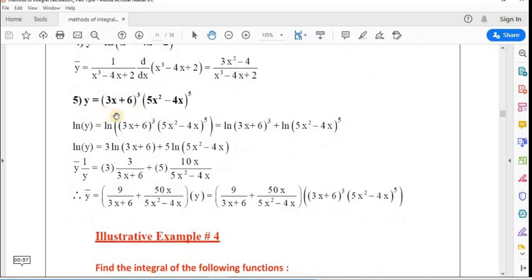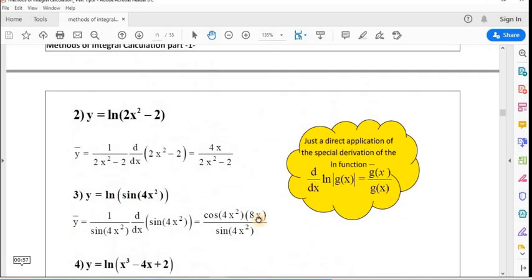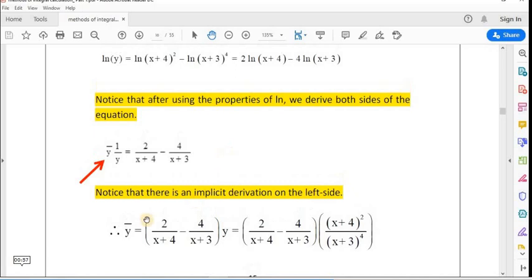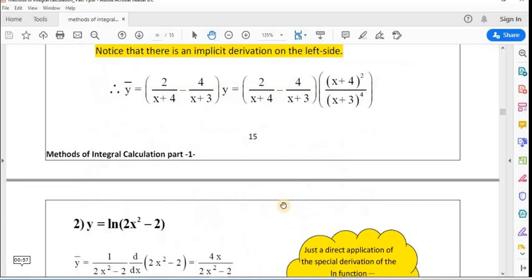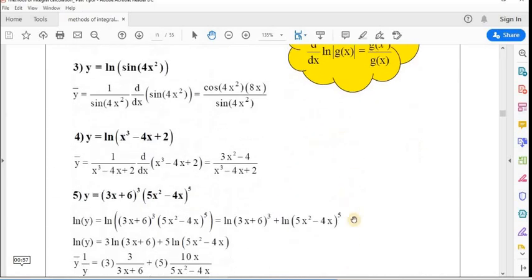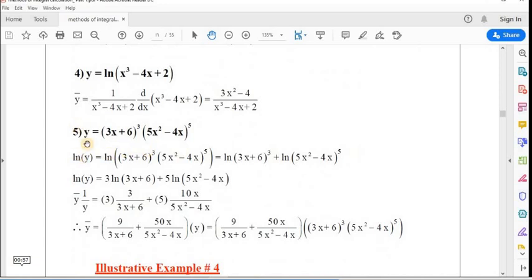Here we have functions multiplied with each other. It will be difficult with the exponentials to take the derivative the normal way. So we will use the logarithm and its properties, as we discussed in the previous example. Same as what we did here, we will do it here. We will take the ln of both sides and use the ln properties.